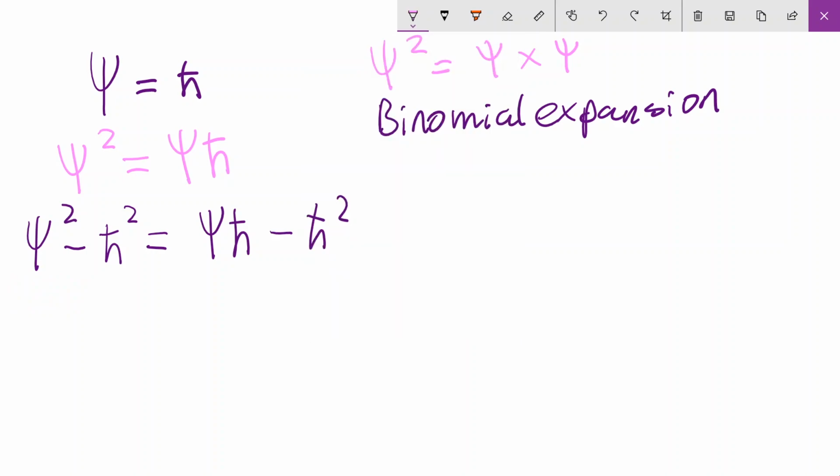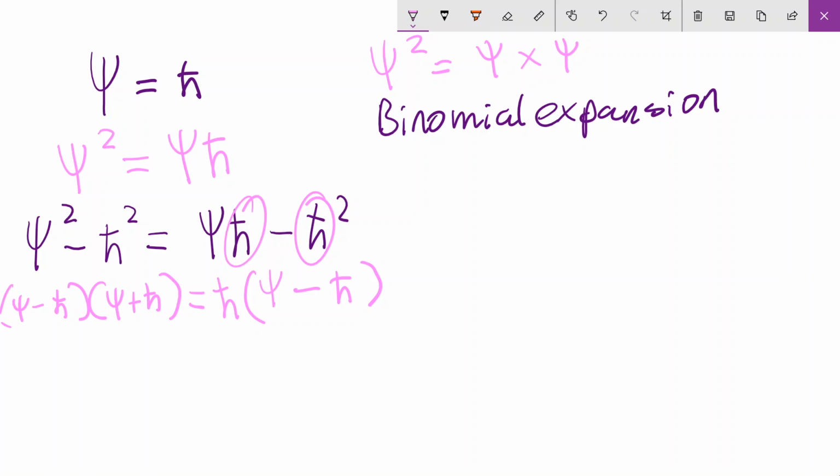Pink is my color. So if we use that, we'll get that. And we can factorize that h bar out of the equation. So you see that h bar right here? Yeah, we can factorize it out of the equation, and we get that.